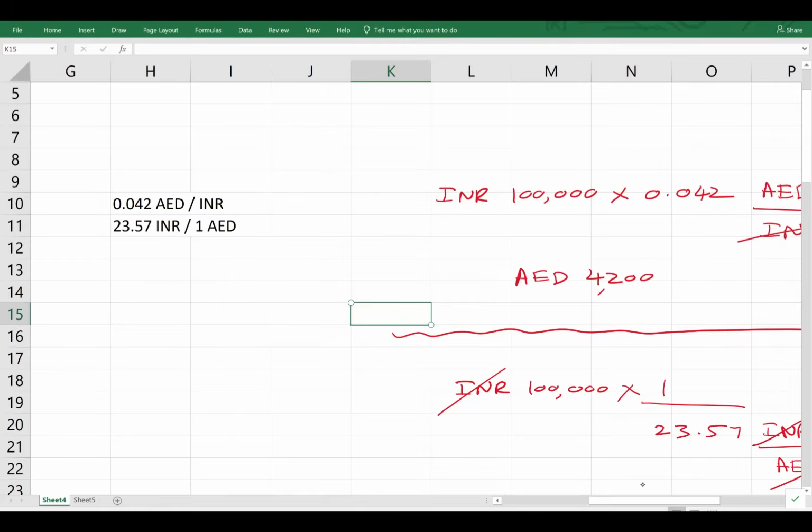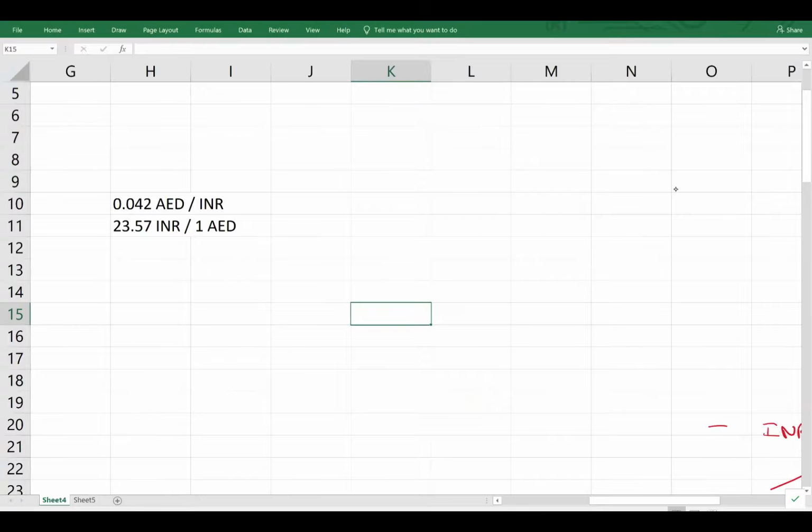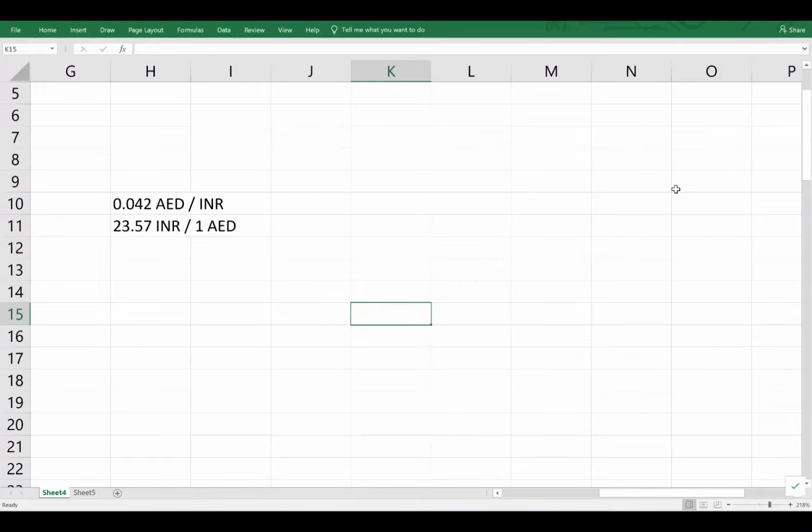Now, let's understand this fact. The first point we understand is that we need to first see whether, to translate the currency, we have to divide or multiply. Normally, in the UAE, we follow this rate, so I will just stick to this rate only.